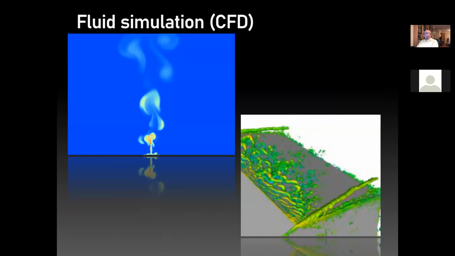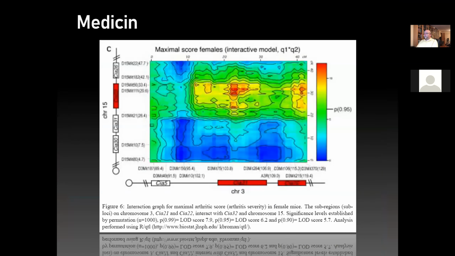Fluid simulations are also extremely computationally expensive, especially if you want to resolve finer details. Every time you make the computational mesh finer, the more calculations you have to do. And supercomputers can reduce the time to get results with these kinds of calculations.